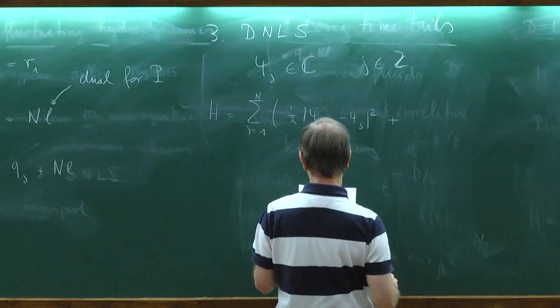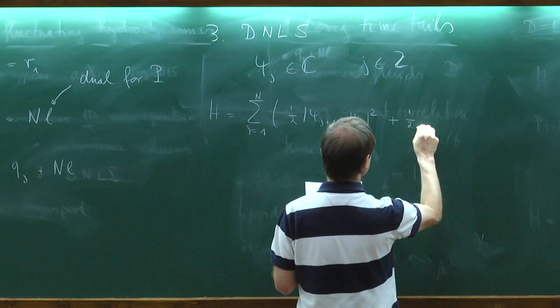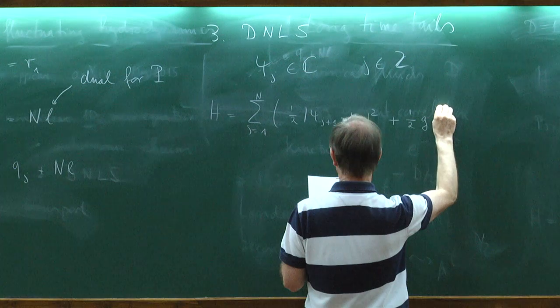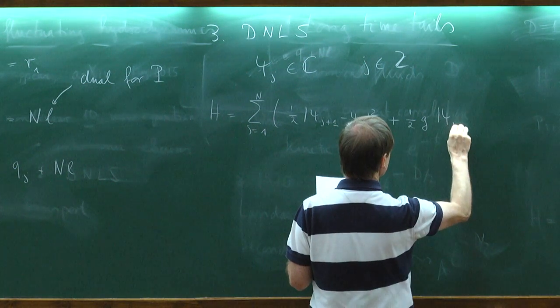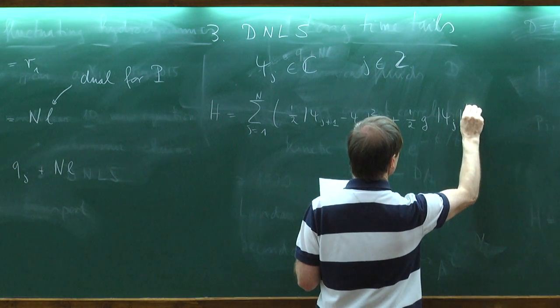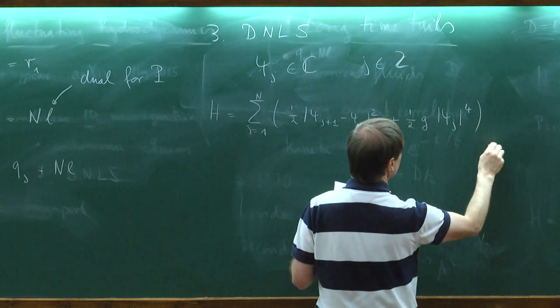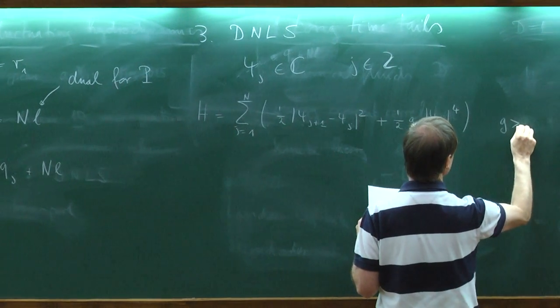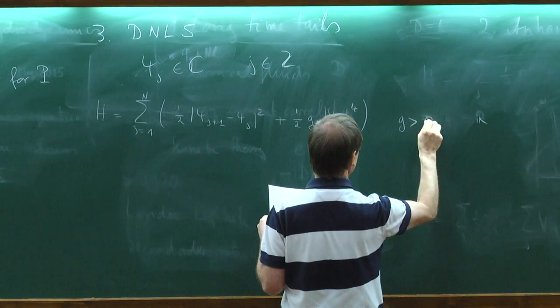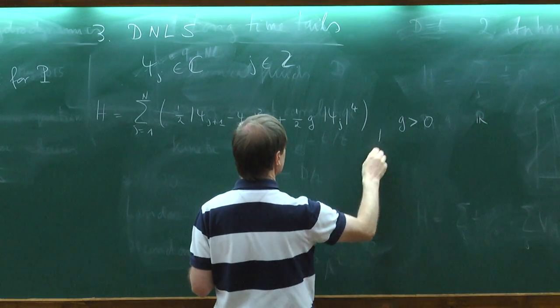And now you have an on-site potential term, where g is the coupling, and I take psi_j to the power 4. I want this coupling to be positive, which is usually called the defocusing case.